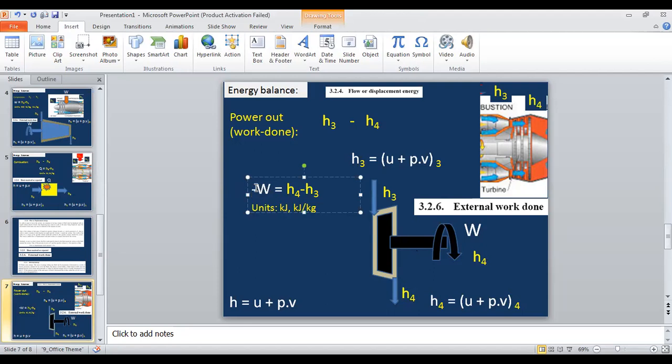Originally you have H3, but out of H3 some work is done. And finally, what remains is H4. Interesting. So in this case, you can write W again, if you really need. W is H3 minus H4. It's W. H3 minus H4 is W.